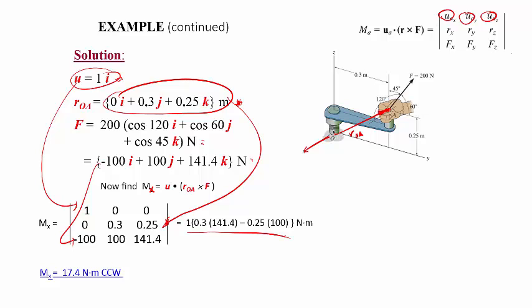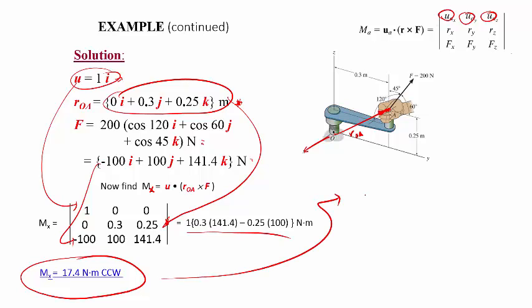Now, what if I want the vector? Remember, this is the magnitude, but for the vector it's the same thing as before. If I have the magnitude and I multiply it times the direction of the vector, it will give me the vector for that moment.